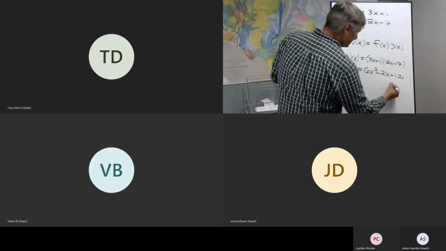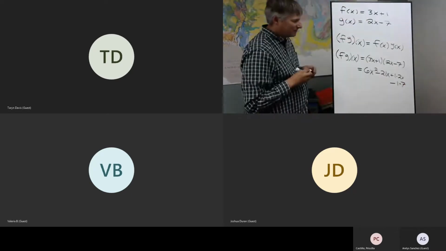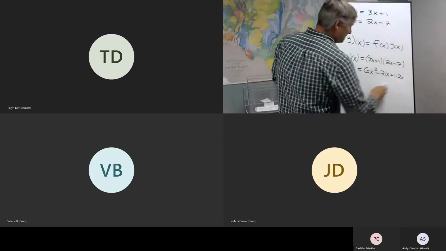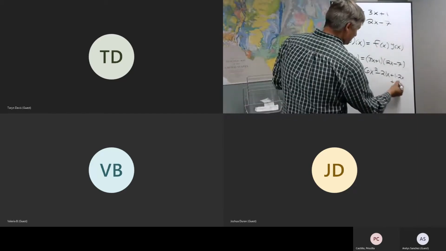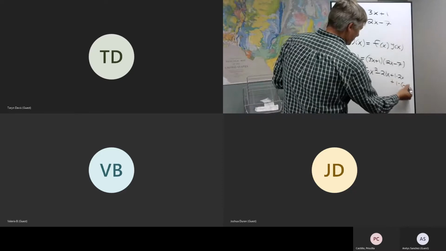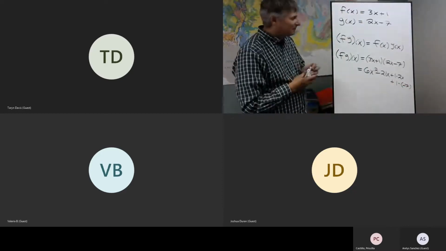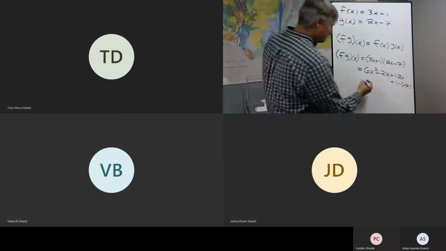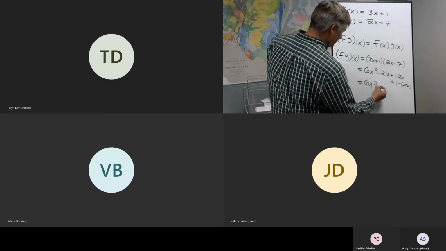Or to be fair, we can be a little more consistent. Plus 1 times minus 7. A little more accurate. So again, we'll simplify a little more. 6x squared.